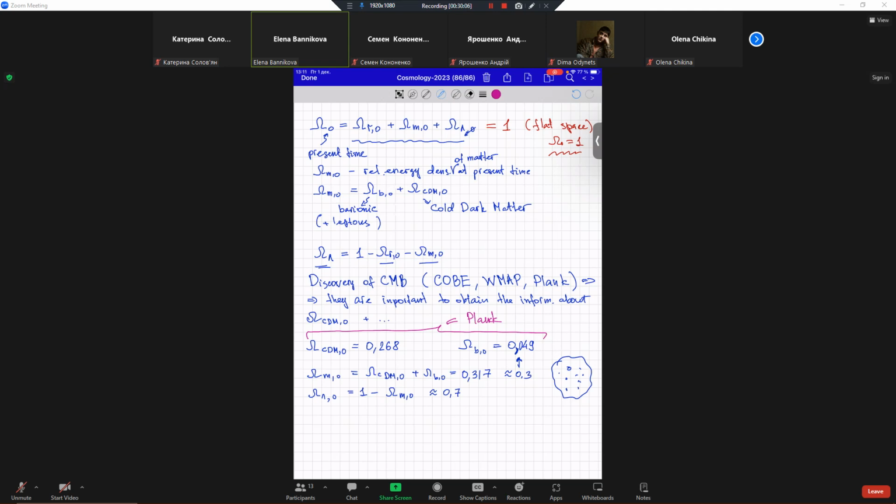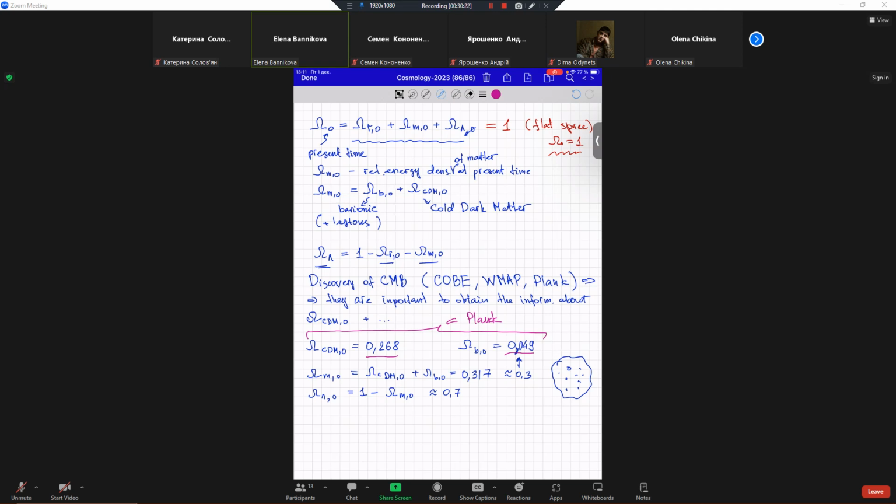What is also interesting, and this is really incredible, is why the Nobel Prize was given for the discovery of the CMB, for cosmological discovery.